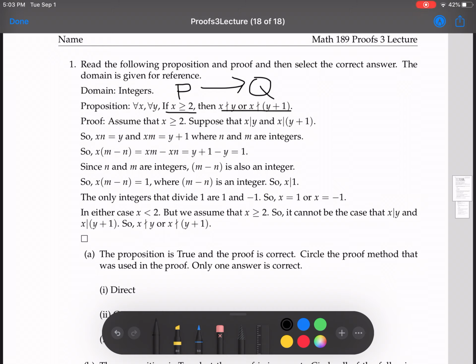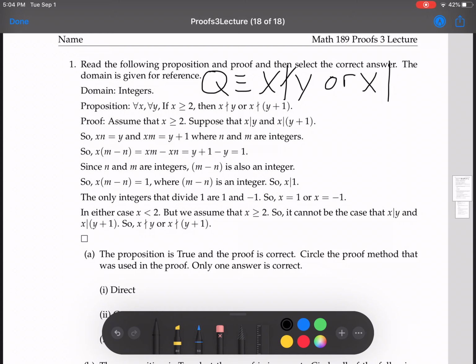Now we suppose this, and notice that the not does not divide for each of these has been taken away. So Q is x does not divide y, or x does not divide y plus 1.